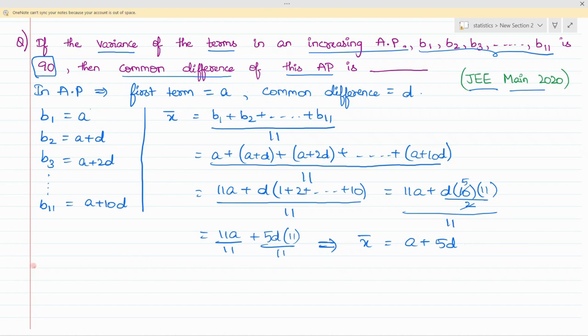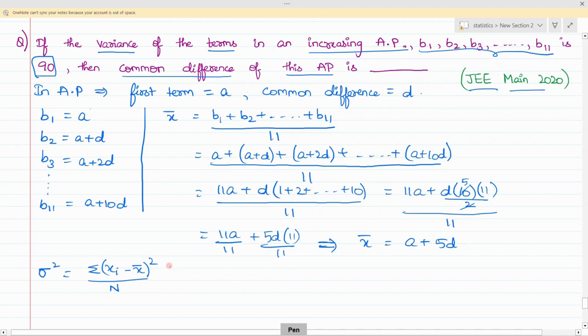So now, according to the variance formula, that is sigma xi minus x bar whole square upon n, that is 11. Okay, so let's find the variance. Now in this question, variance is given to you, that is 90, and now first term, that is xi, is nothing but A minus mean, which is A plus 5D, so it becomes A minus A minus 5D whole square.